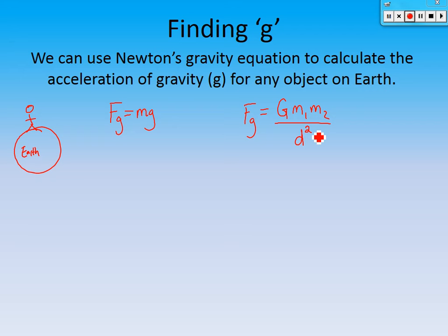Well, here's a cool little math trick that will help us calculate what the acceleration due to gravity is. On Earth, we know that g, the acceleration due to gravity, is 9.8 meters per second squared. And we're just going to show you how to calculate that using some math here. So if the force of gravity is equal to mg and this force of gravity is equal to all of this, what can you say about these 2 terms?